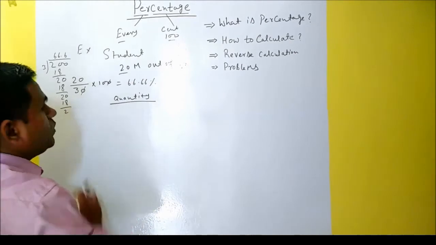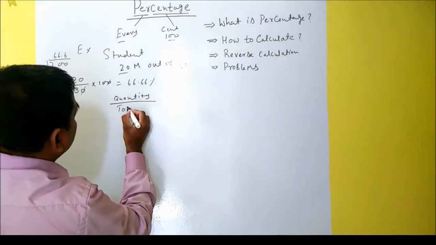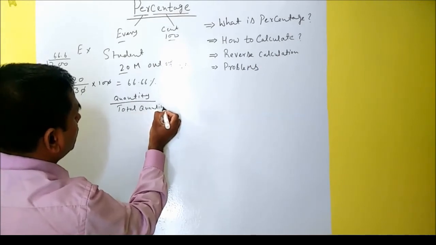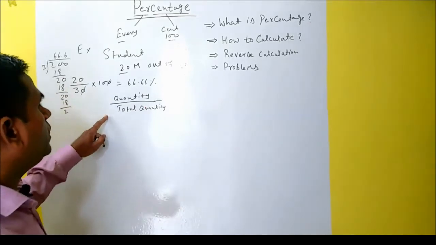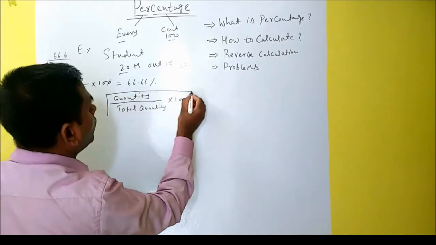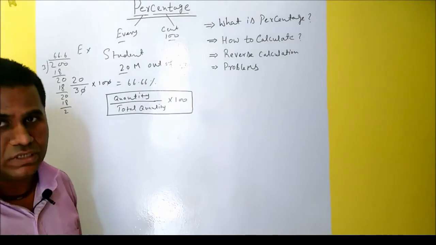In this example we saw out of 30 the student has got 20. So here we can say total quantity. So the formula is quantity out of total quantity, multiplied by 100. This gives us the formula to calculate percentage.